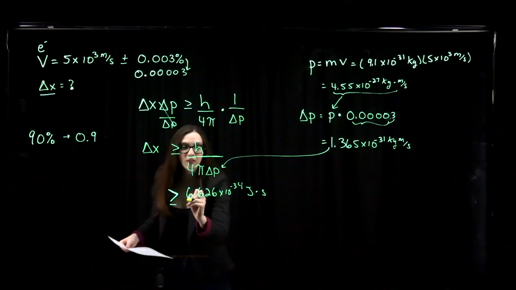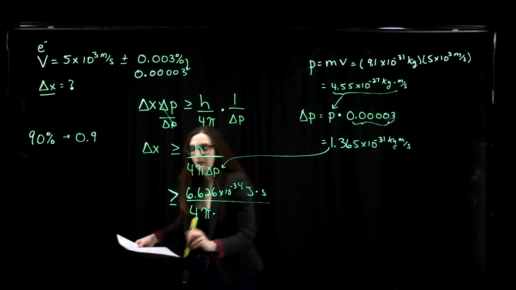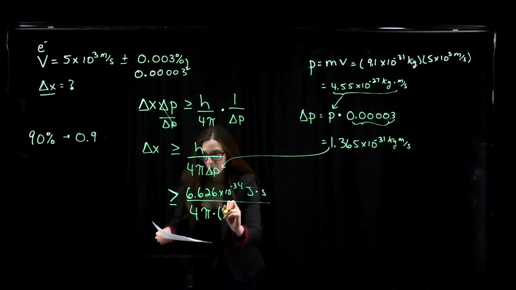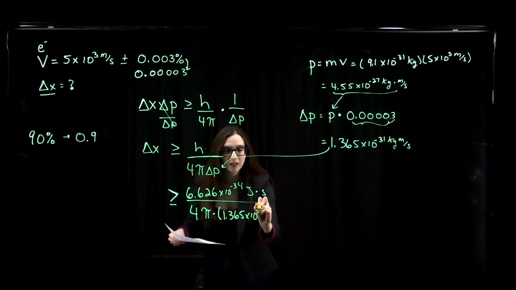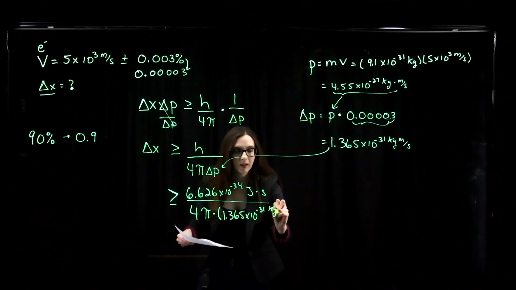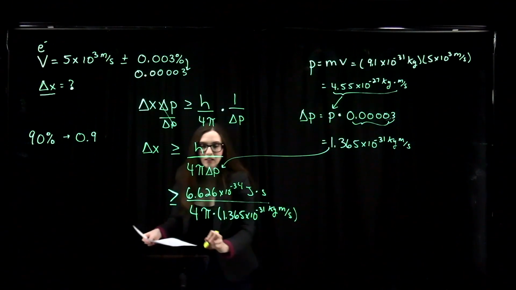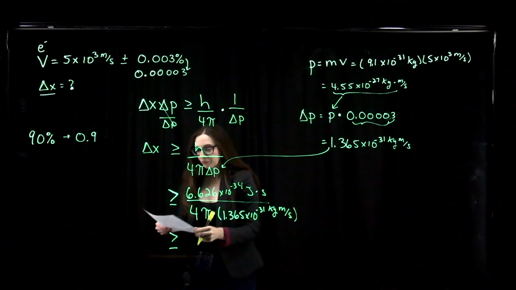And then I'm going to divide it by 4 pi times the uncertainty on my momentum, which is 1.365 times 10 to the minus 31 kilogram meter per second. All right. And then I'm going to do that calculation.